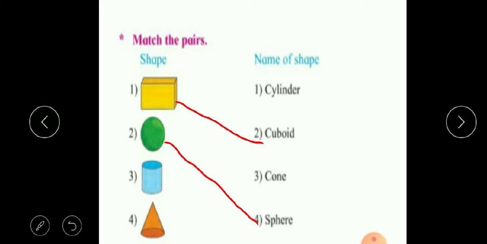The third one is, this is cylinder. So draw a line with the spelling cylinder. And the last shape, this is cone. So draw a line properly towards the cone. In this way, we can match the correct shape with the name of the shape.